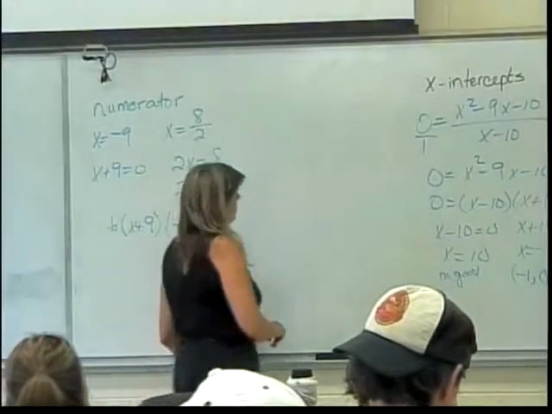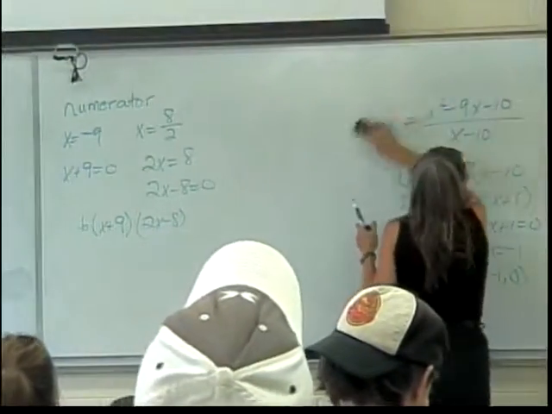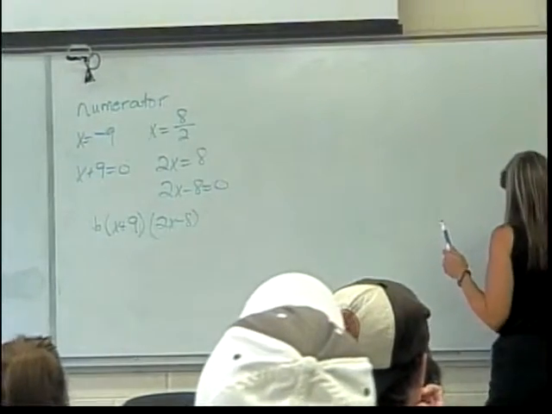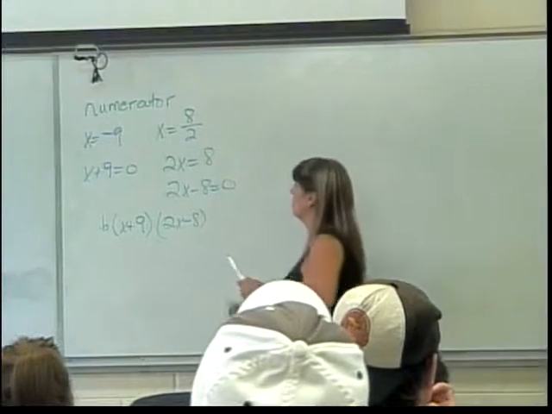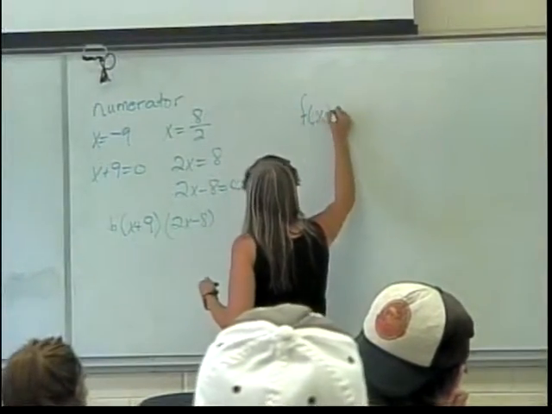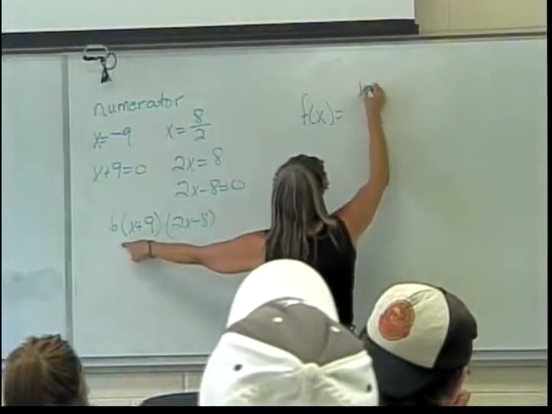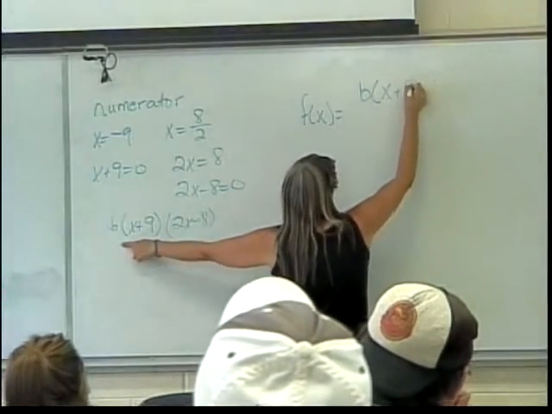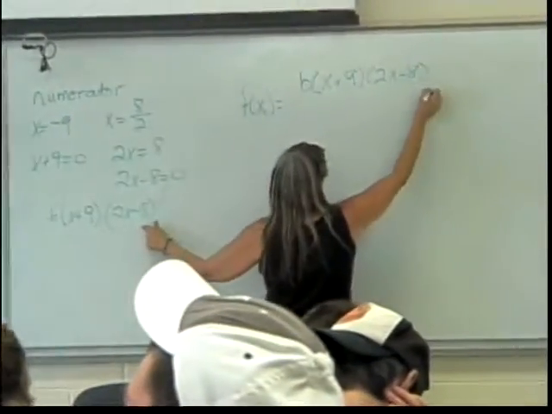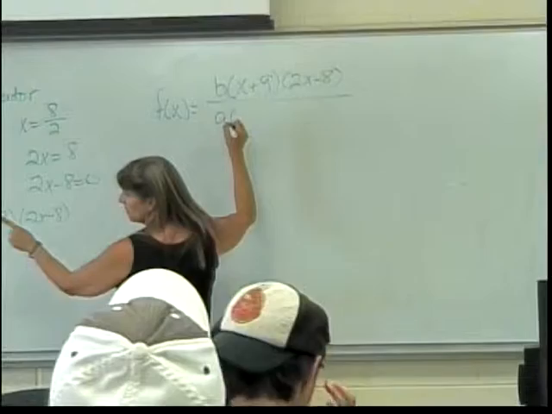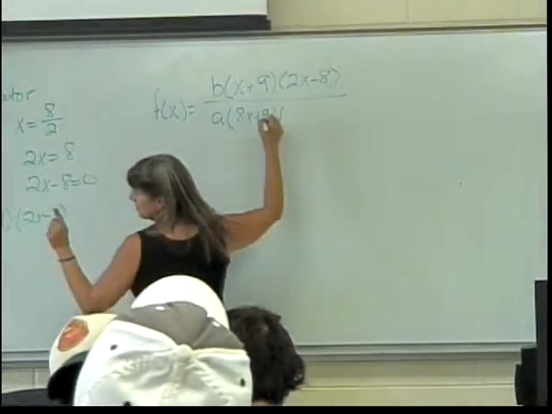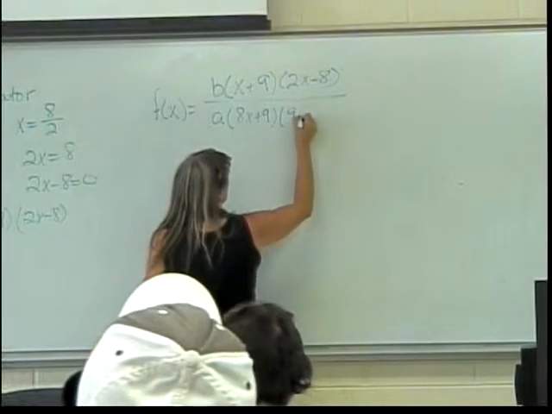All right. Now, I've used everything except the horizontal asymptote. My function looks something like this. f of x equals b times x plus 9 times 2x minus 8 divided by a times 8x plus 9 times 9x minus 8.